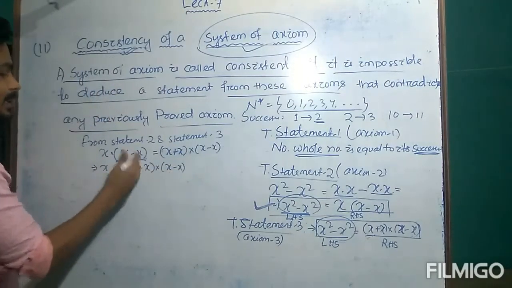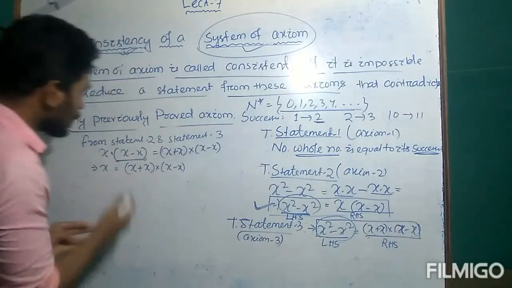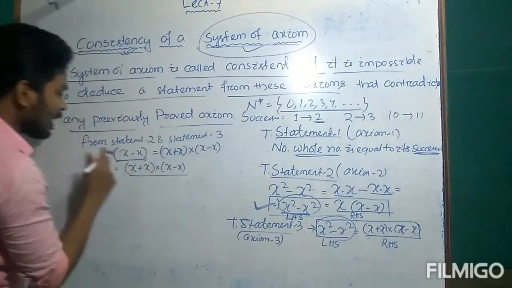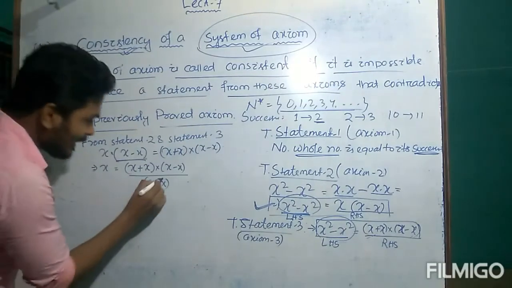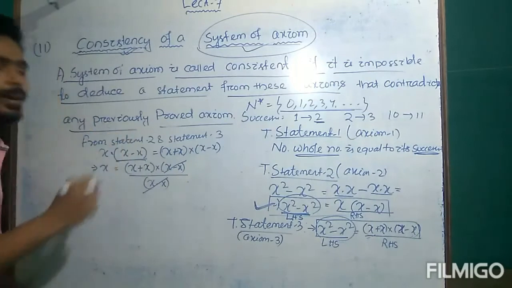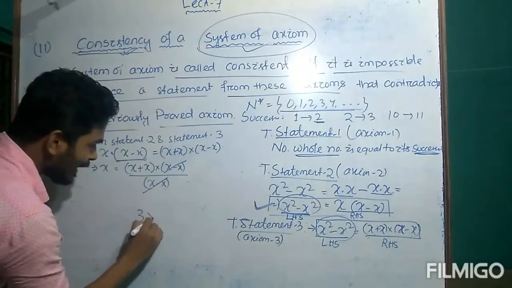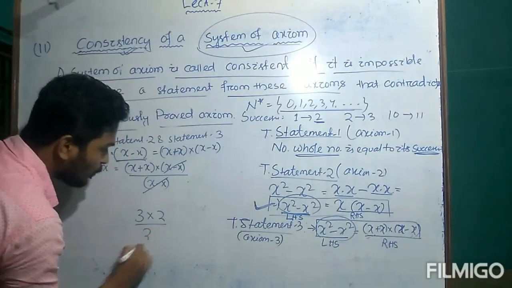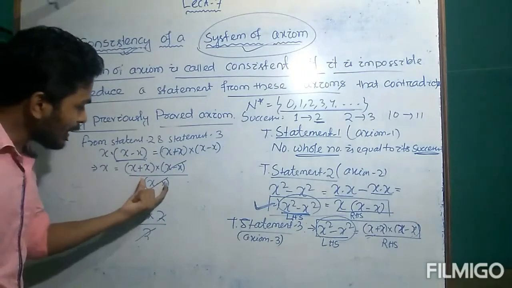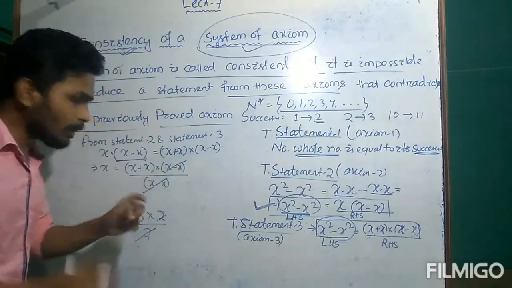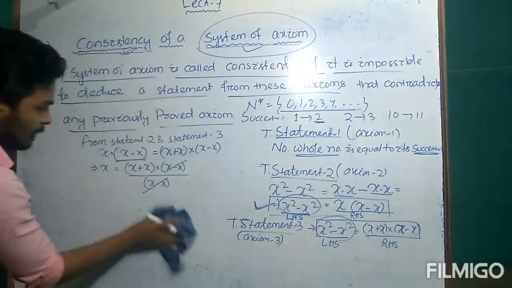When this x minus x is taken to the right hand side, it will be divided, because in the left hand side it was multiplied. So x minus x. Now see, this and this term can be cancelled out. Why? If we have 3 into 2 divided by 2, then we can cancel 2 because they are the same number. Similarly, x minus x, here also x minus x, so these two must be cancelled out.